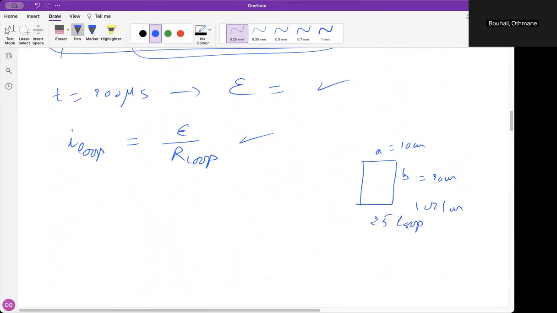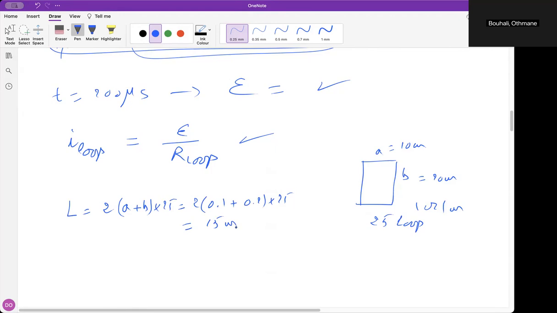And it has 25 loops. This means that to find the resistance, the first thing is that we need to find the length. The length will be the perimeter times 25 turns, which is 2 times (0.1 plus 0.2) times 25, so it will give you 15 meters.